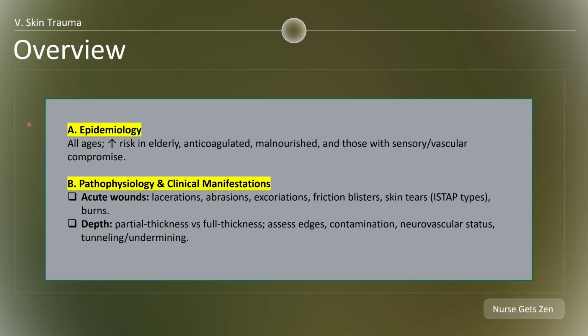Pressure injuries are discussed in more detail later in the chapter, and burns are discussed in the next chapter, 51. So it's a very complex section.